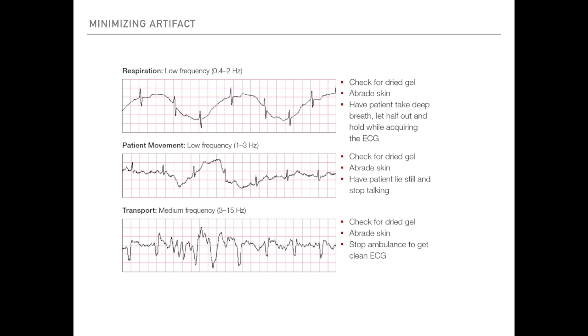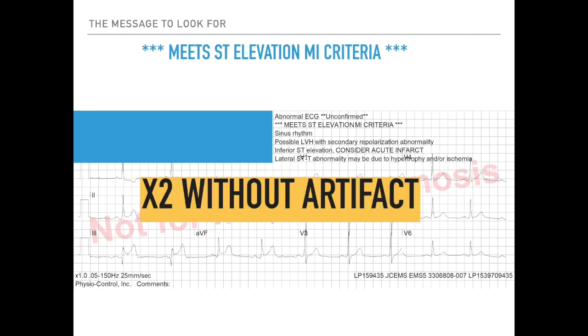Then there's the patient movement and the transport artifact. So again, you are going to need 2 EKGs that give the computer interpretive statement meets ST elevation MI criteria, 2 without artifact, and you need 2 contiguous or 2 consecutive ST elevation MI messages.